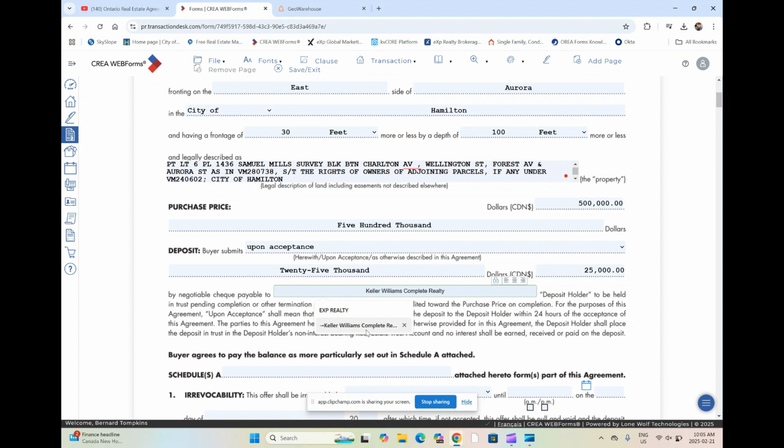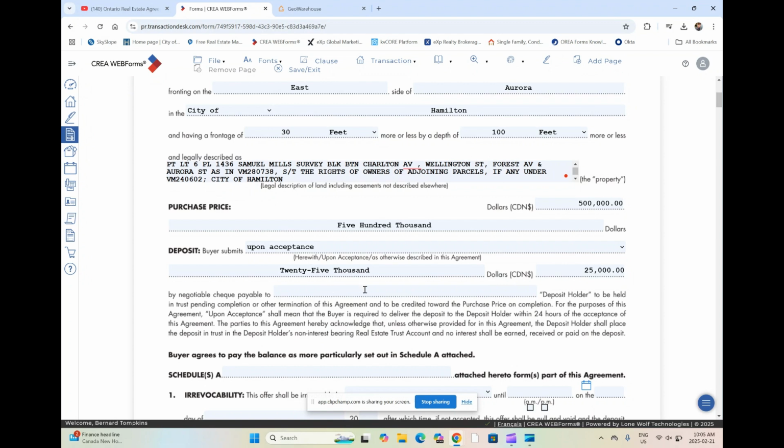It just is saying that 24 hours means upon acceptance. The parties to this agreement hereby acknowledge, unless otherwise provided by this agreement, the deposit holder shall deposit the money in a trust account that is non-interest bearing, and interest shall not be earned or received or paid on this deposit. There are some brokerages that do have an interest-bearing trust account, and that would be stated later down below.